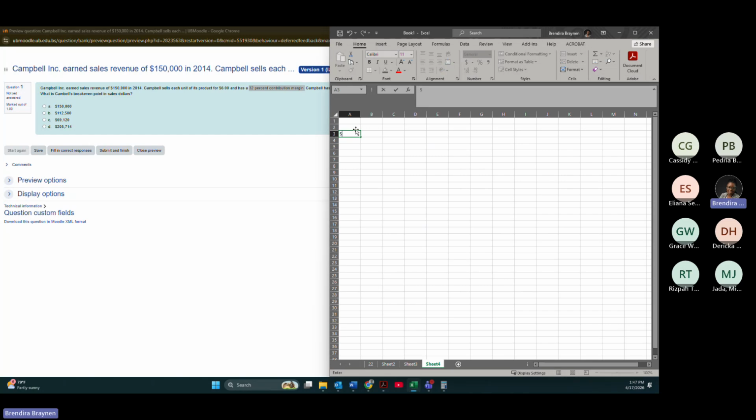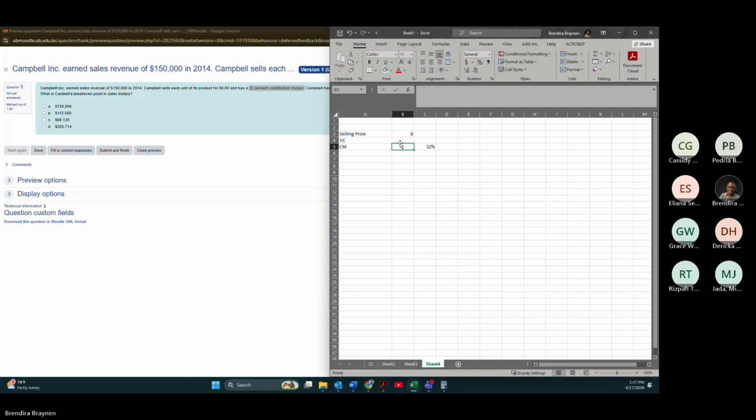So my selling price is $6. My variable cost is, I don't know, but my contribution margin is a certain dollar amount. I don't know that, but I do know that it's 32%. That means that the contribution margin is 32% of the selling price.